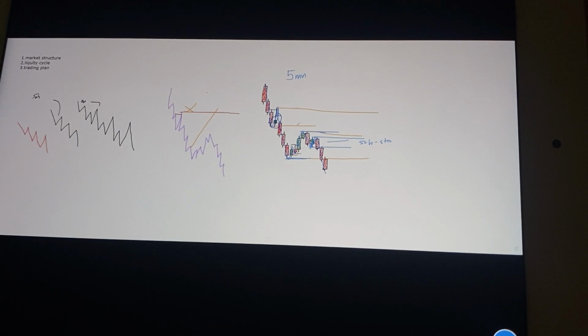Because I would assume that 5 minute would still technically be 1 push like this, as opposed to it now being like this. If this candle here is red, that is 1 push. Got it. That's what I'm saying. Differentiate your structure with the colors of the candle, no matter how tiny it is. Yeah. Okay.